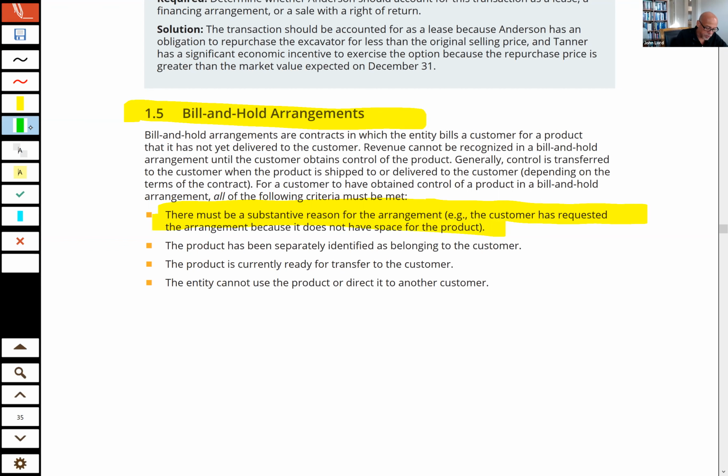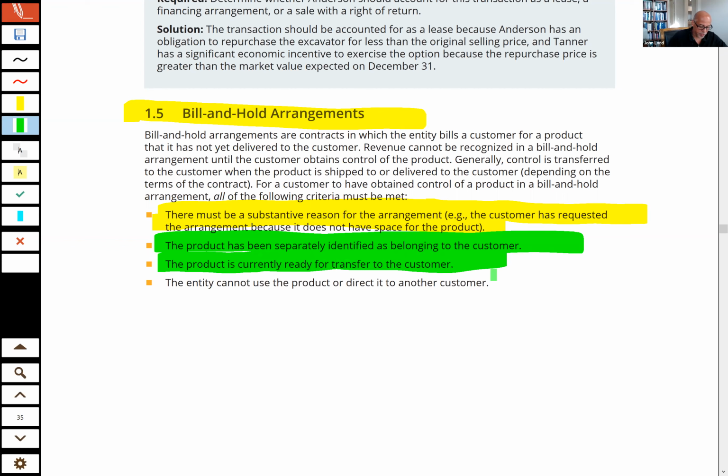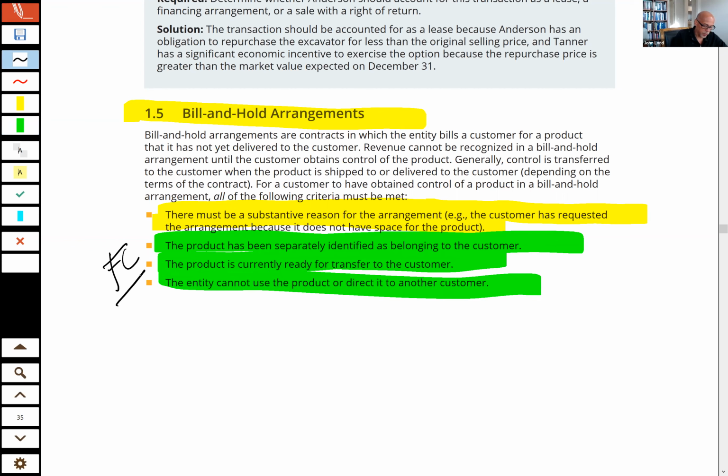It's okay to still recognize this sale if the product has been separately identified as belonging to the customer, the product is currently ready for transfer to the customer, and the entity cannot use or direct the product to another entity. So you don't expect, if I put your motorcycle aside, to see me going by the next day on it. No, right? Okay, good.